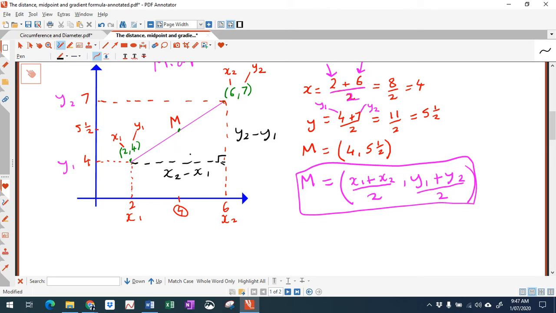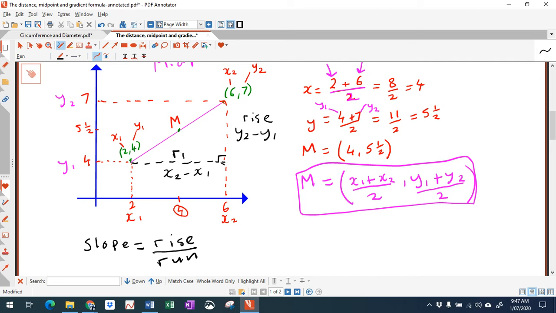Now think back to slope from last year. Slope is equal to the rise over the run. Okay, the rise over the run. Now the rise is the up component. So this is the rise here. So there's my rise. And the run component is the horizontal component.